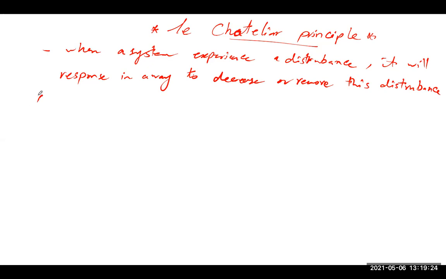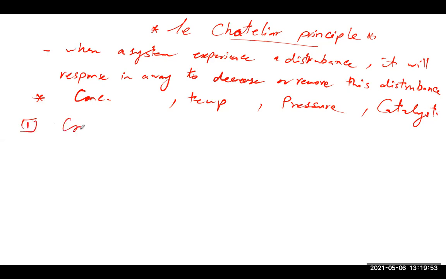So we can change the equilibrium in four ways: by changing the concentration of a substance, by changing the temperature, by changing the pressure, or by adding a catalyst. We'll study each one of them and see how it changes the equilibrium. First, a change in concentration.